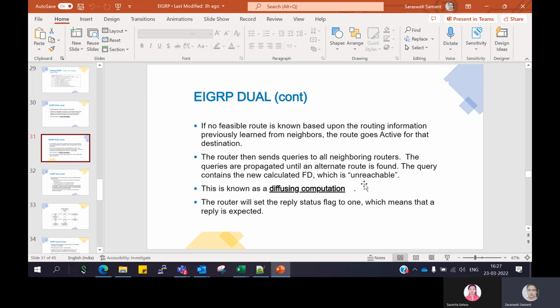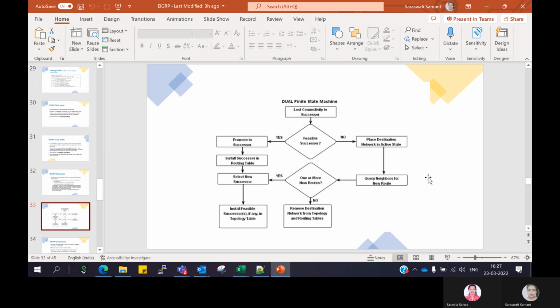It will perform the diffusing computation, querying the neighbors for the new route. If you get the route, well and good, you will get the successor. If you don't, it will remove the destination. If you already have a feasible successor, it will add it into the topology table.